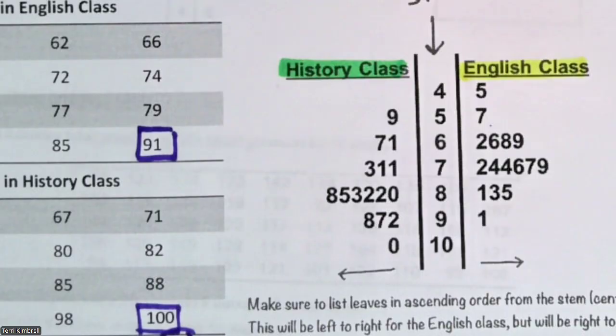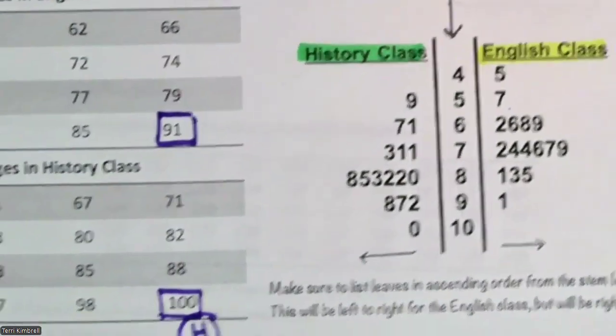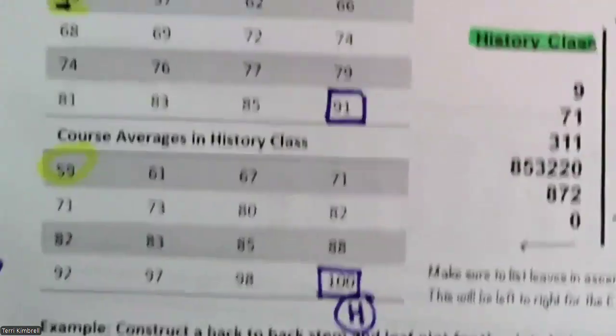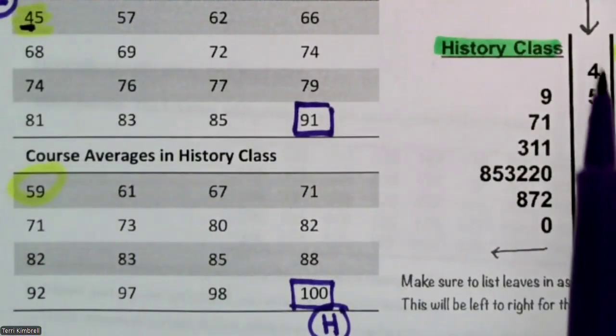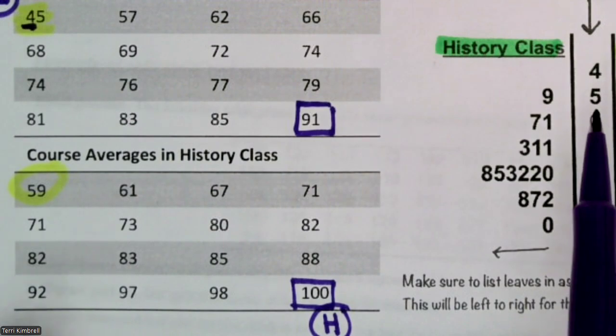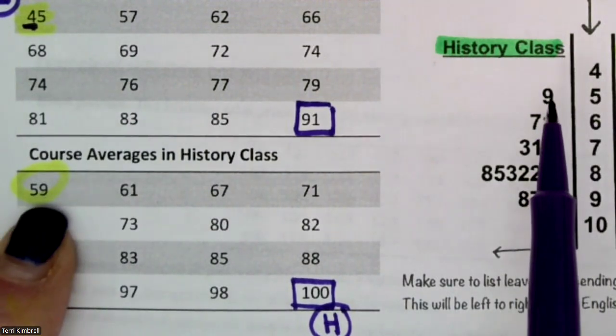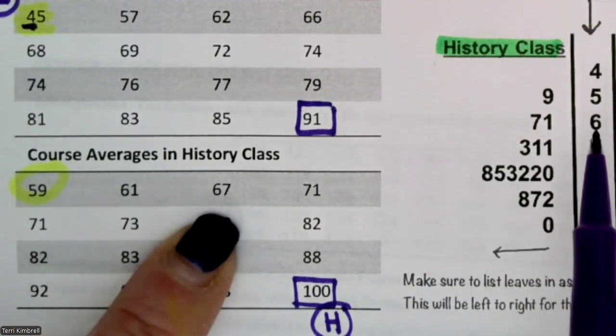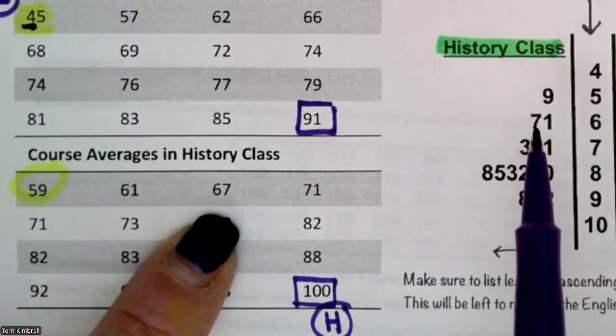Okay. Now, to read with the history class, you can see that there were no 40s on that score. So I'll leave that blank. This one was a 59. Then we had a 61 and a 67.